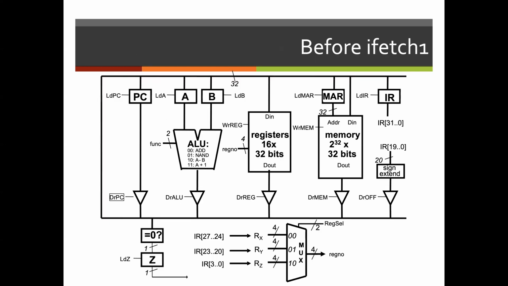And so how would this look in our diagram? Here we have a pretty detailed diagram showing all of the activity that's going on, from loading into the program counter, loading into registers A and B, and also feeding inputs into our ALU as well.